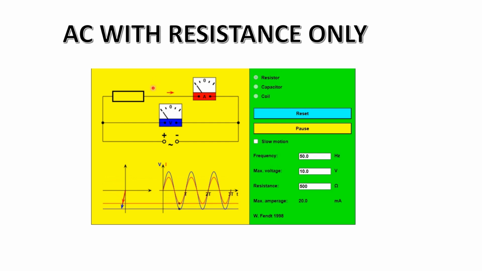Now here we have some very interesting situations which are described by some mathematical quantities. You see that you have an AC source and only a resistance connected in this circuit. These arrows are showing how the current and voltage are changing. The voltage is an alternating voltage and the current is an alternating current. The way the voltage changes and the way the current changes is very important.